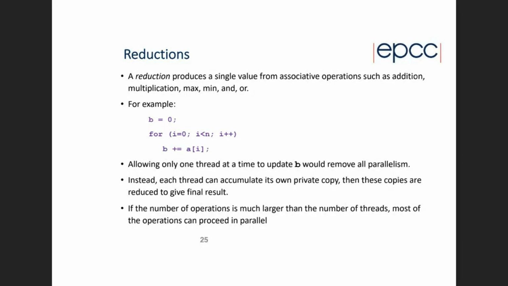We have a small number of operations, of order the number of threads, which will essentially be sequentialized or synchronized at the end. So we can extract a lot of parallelism from this kind of pattern if we do the right thing.